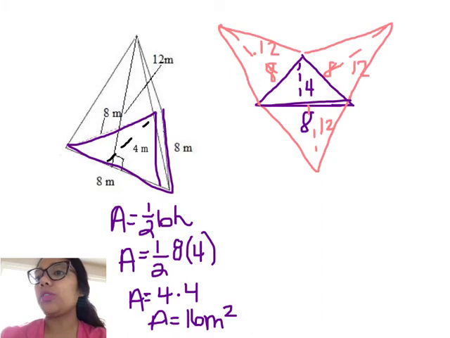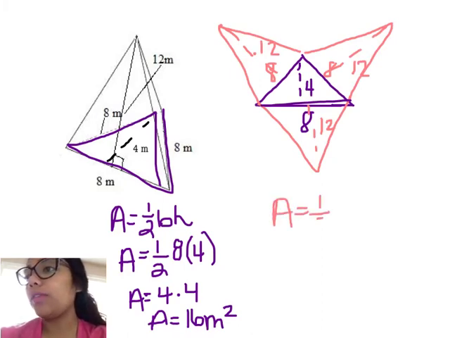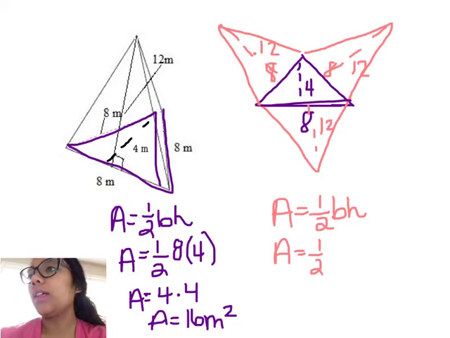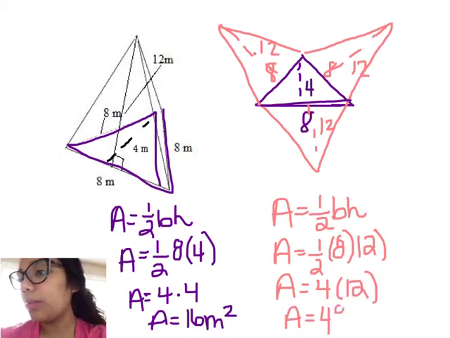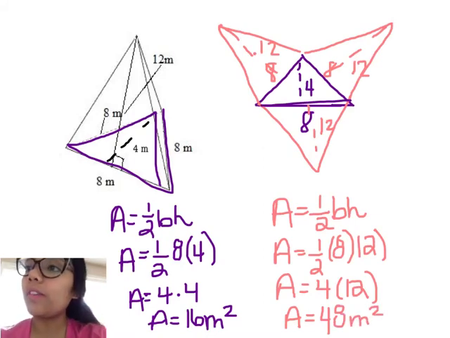Okay, so now I need to do the other triangle. Area equals 1/2 base times height. The base of this triangle is 8, but the height of this triangle is 12. So area equals half of 8 is 4 times 12 is 48 square meters. Now that's the area of only one of them.